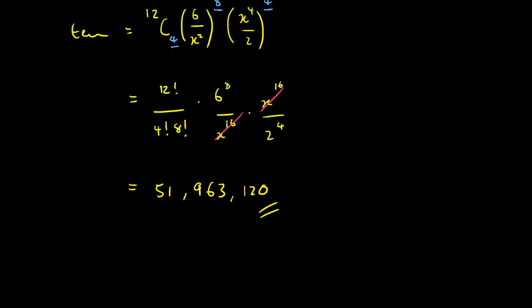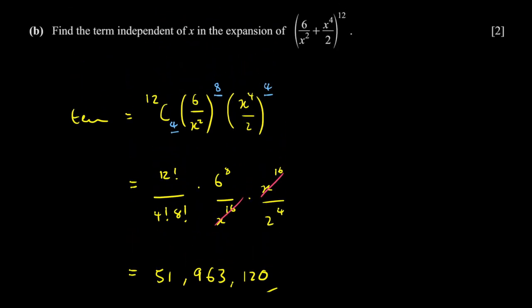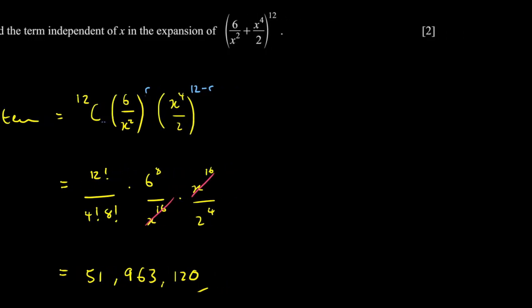Okay. Now, if you weren't sure about how to choose these numbers, by the way, let's just take a step back for a second. What could you do? Well, you could say, I'm going to let this number here be, I'll call it r. And therefore, this has got to be 12 minus r, right? Because the two things have got to add up to give me 12.